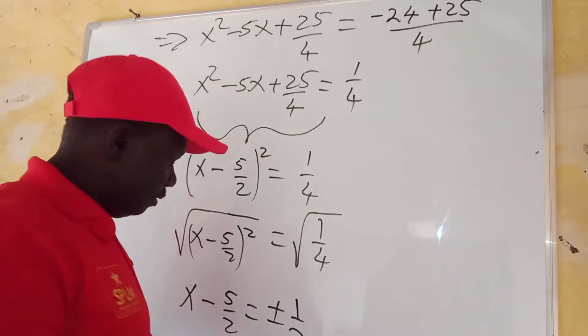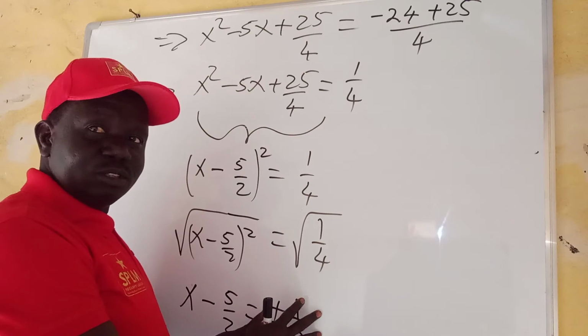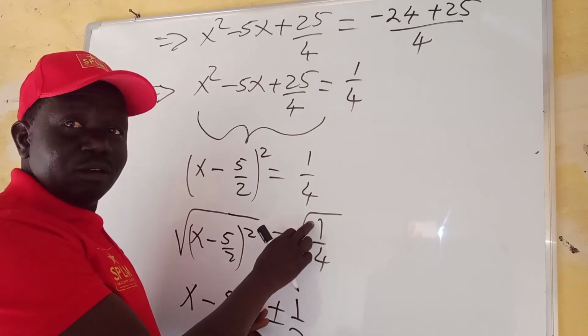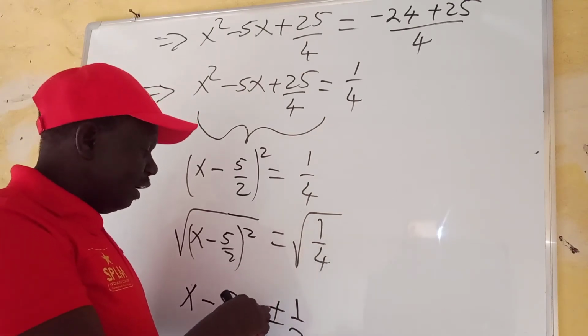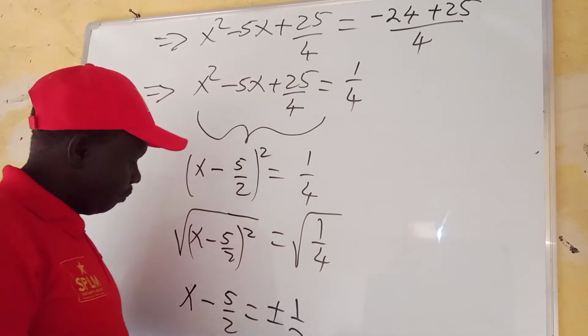That means the possible values of the square root of 1 over 4 are either positive 1 over 2 or negative 1 over 2.